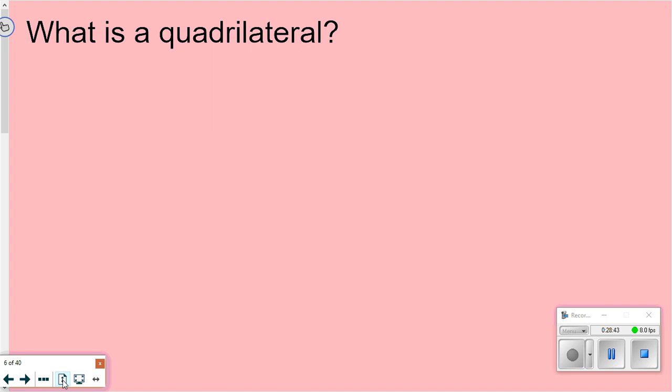Now there are some helper words in this shape name that give us a clue. The very beginning of this word, quad, underline it. Quad means 4.